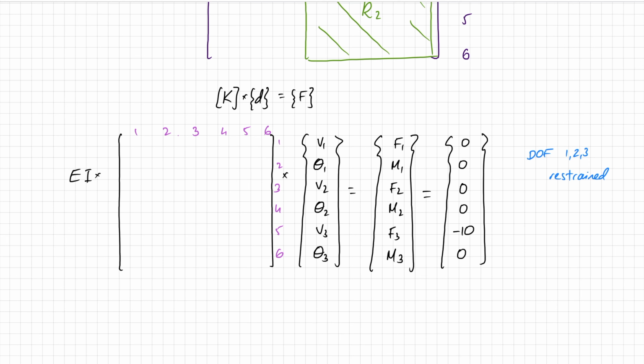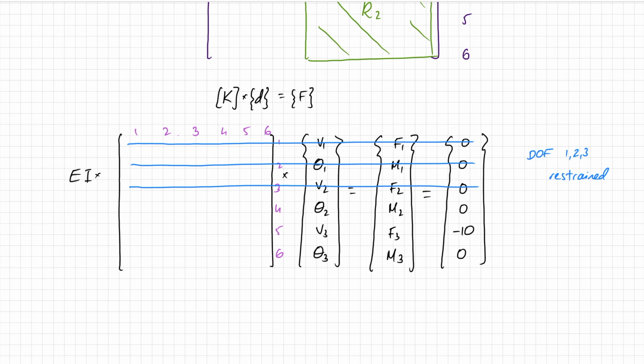And if you need a reminder of that, just go back to the lectures. So row 1, row 2, and row 3, and also column 1, column 2, and column 3. And what I'm left with is the reduced system.